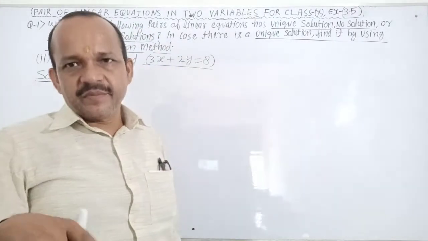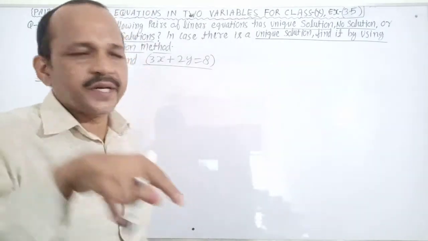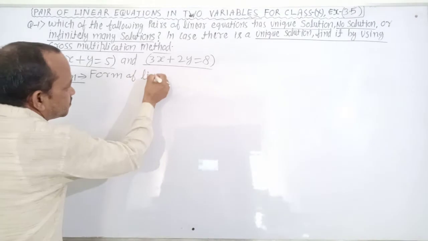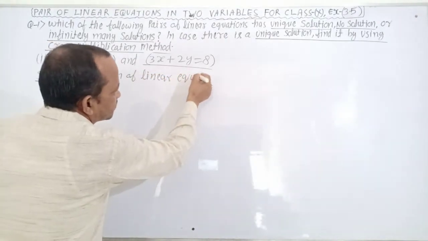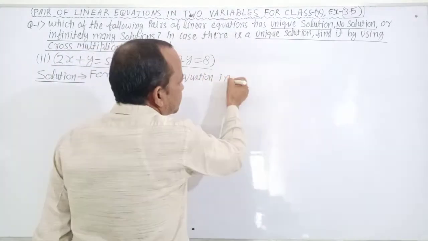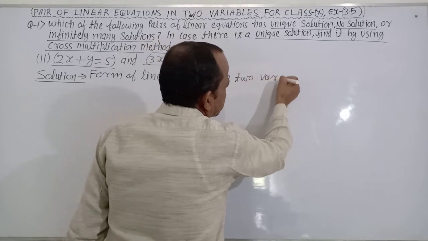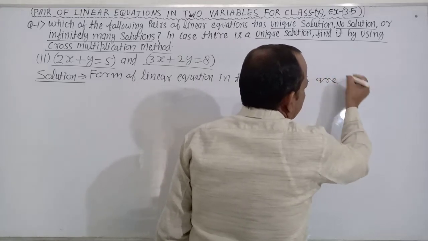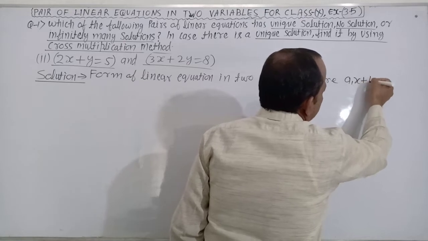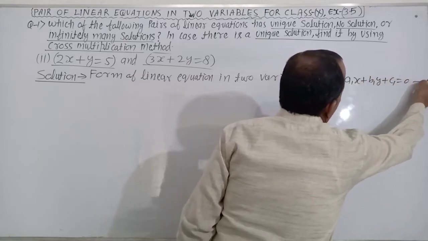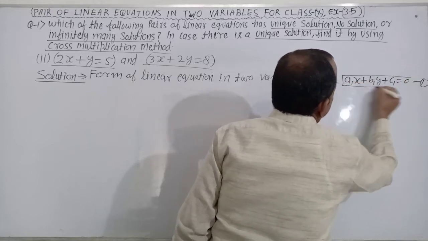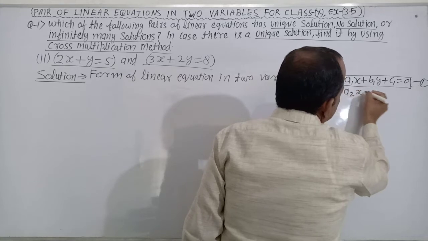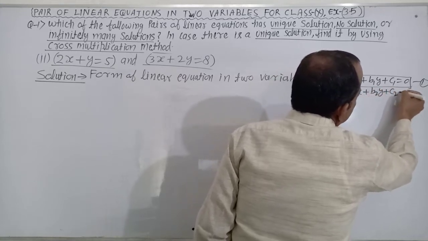Linear equation in two variable. Clear? Form of linear equation in two variable. a1x plus b1y plus c1 equal to 0 and a2x plus b2y plus c2 equal to 0.